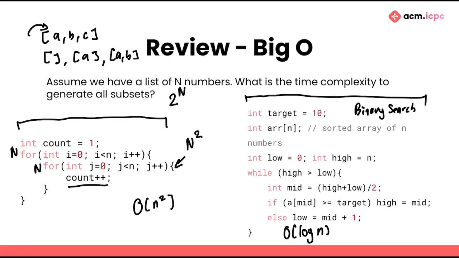And if you don't know what binary search is, that's totally fine. We're going to be covering this in a later workshop. The reason this is O of log n time is that every time we perform this while loop, we cut our search space in half, and we terminate once we've found an element. So if we're cutting our space in half every time, it's going to be log time.